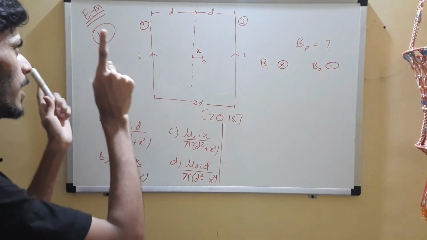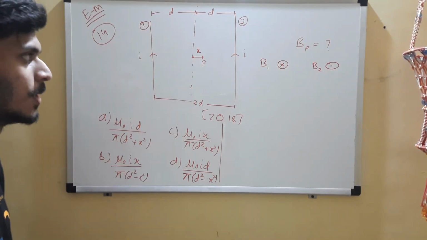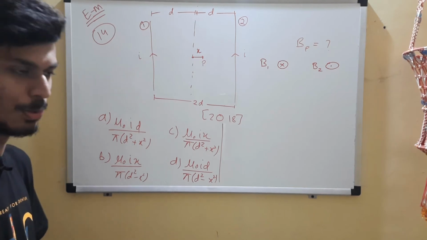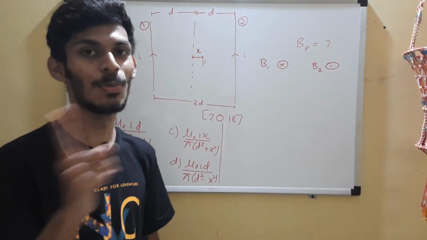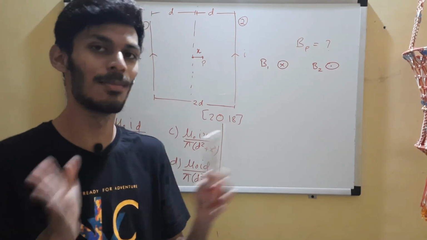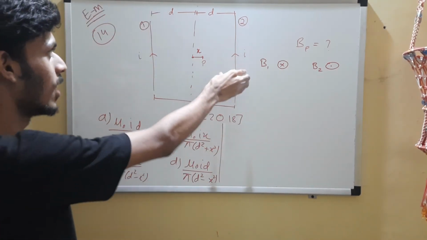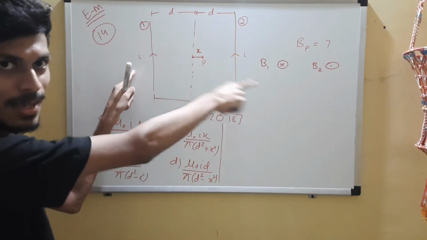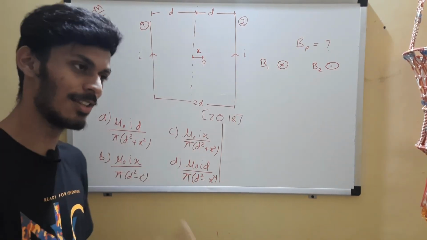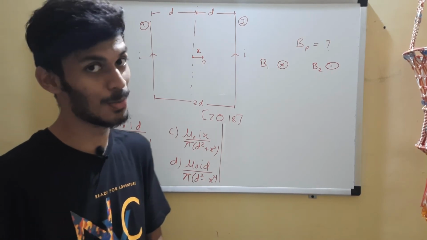So find the magnitude of B1 and magnitude of B2, then B1 minus B2 or B2 minus B1. What shall we do? It should be B2 minus B1, difference, bigger minus smaller. This one will be bigger, right, because current flowing in both the cases is the same, and magnetic field, as I said in the previous case as well, is inversely proportional to distance.